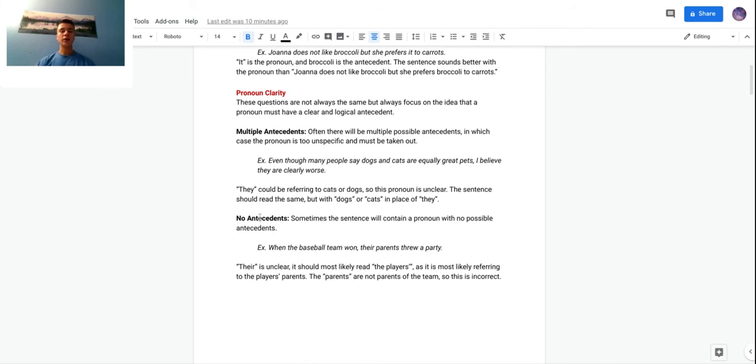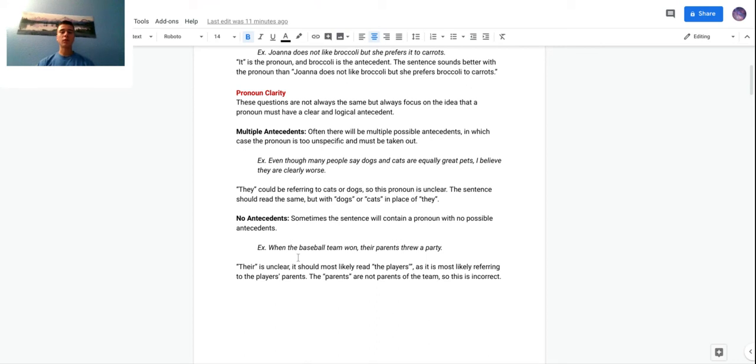Okay, so the next case, no antecedents. Sometimes the sentence will contain a pronoun with no possible antecedents. In this example, when the baseball team won, their parents threw a party. This seems to make sense, because there's a bunch of players on the team and their parents threw the party, but the players aren't specifically mentioned here. It just says when the baseball team won, their parents threw a party.